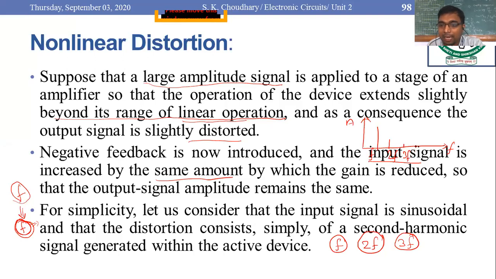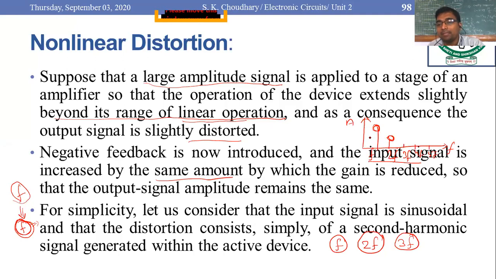As the integral multiple of frequency increases, the amplitude decreases. But due to the amplitude at the nearby frequency twice f, the output signal changes its shape; there is some distortion.